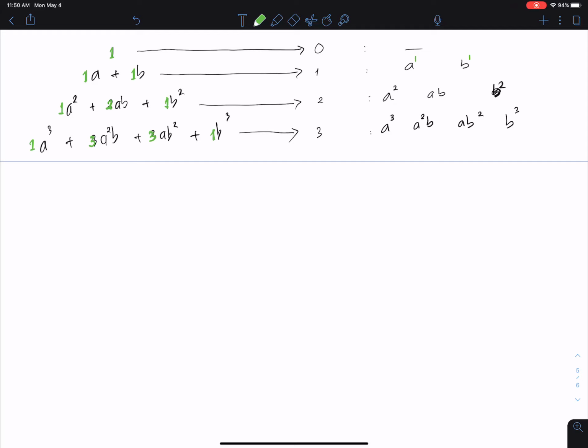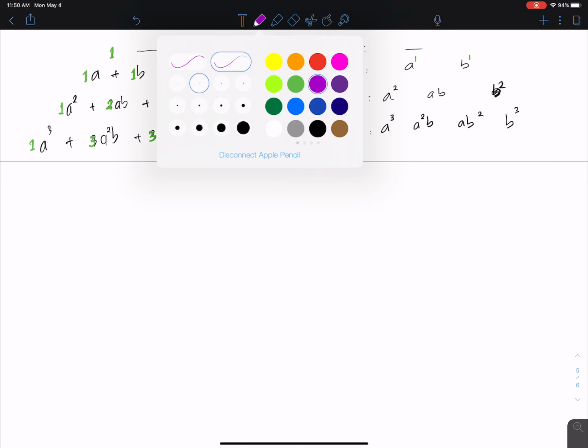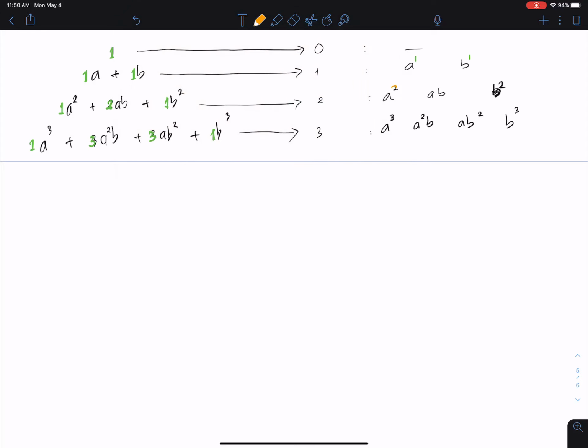Yeah, A to the power of 1 is just A like that. To the power of 2 here, we'll use the one really clear, so let's see, just use orange. 2 here, 1 here, 1 here, and then 2 here.